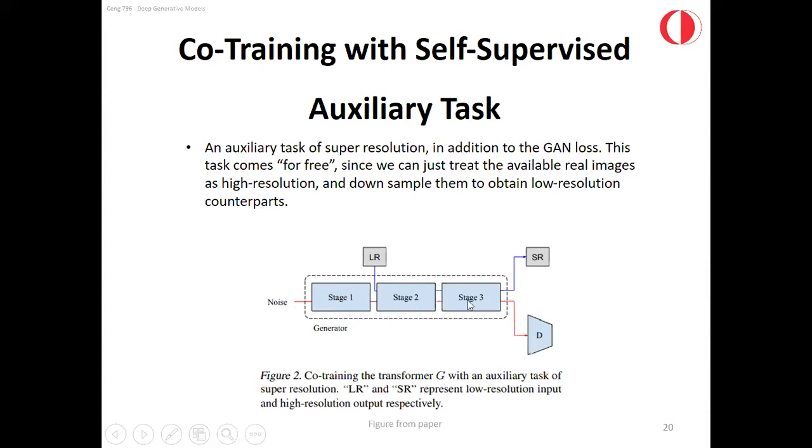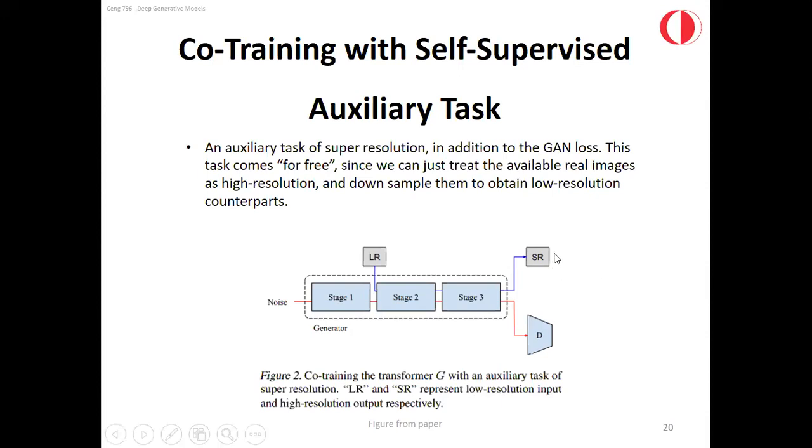But here we have a data set, and with the super resolution, we have a bigger high resolution, and we downsample them to low resolutions in order to show the generator the low resolution image. And this is the actual first time, I think, showing the data set image to the generator.